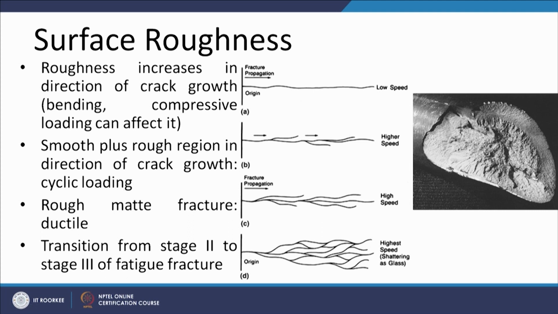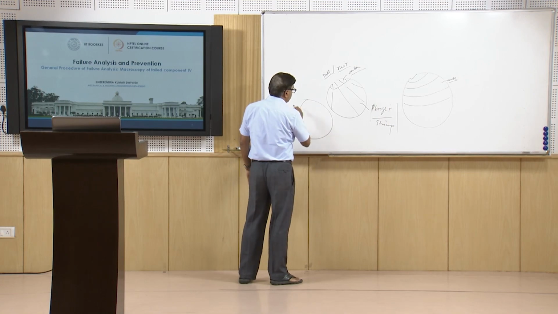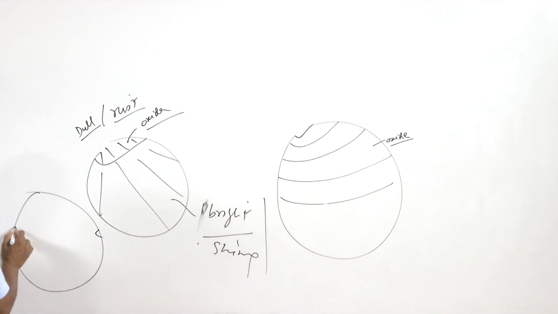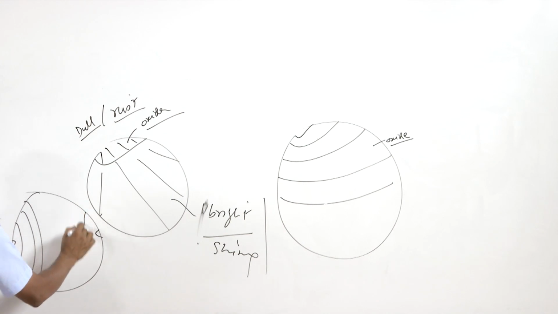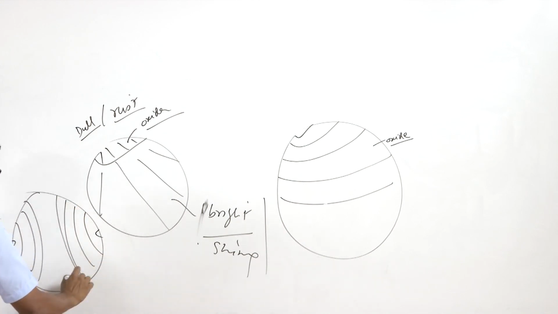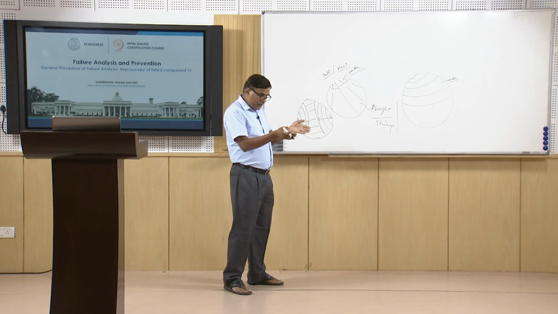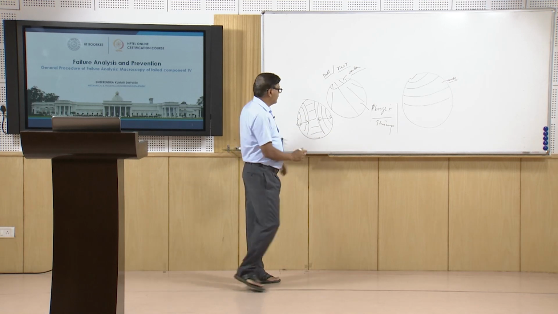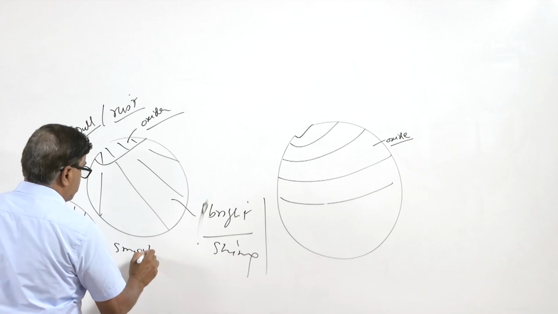Like, say, this is what we have seen when the crack grows from the two directions under the fatigue conditions. In this case the crack is growing from the two directions. So, the rough surface corresponding to the third stage of the fracture will be at the middle, while these two surfaces will be somewhat smoother, because due to the continuous opening and closing of the crack, these surfaces will be smoothened.